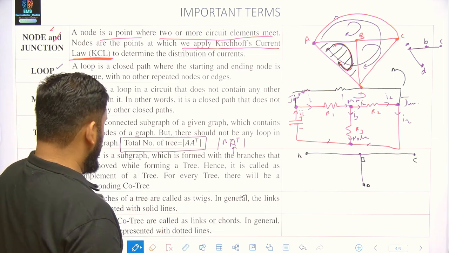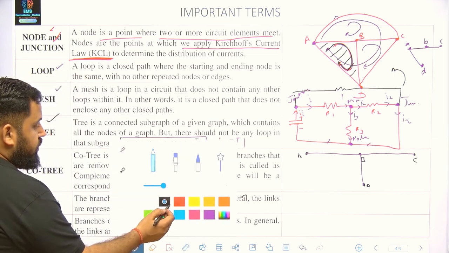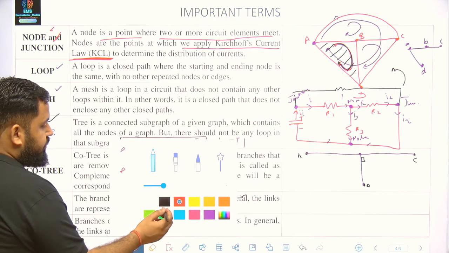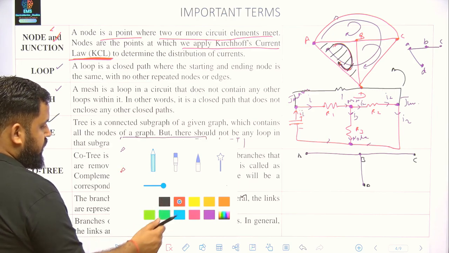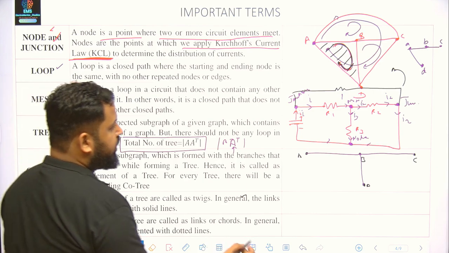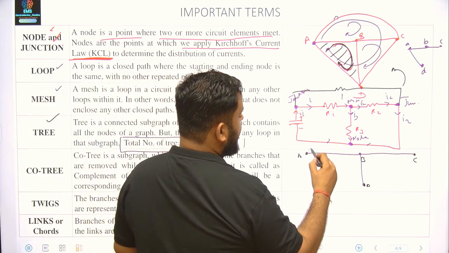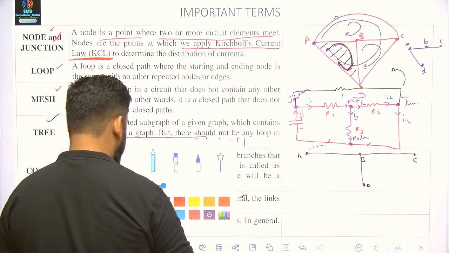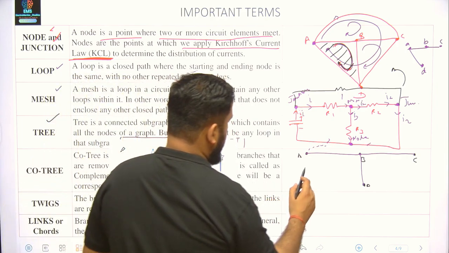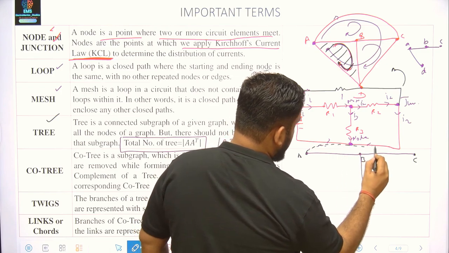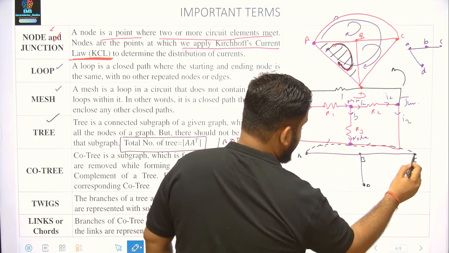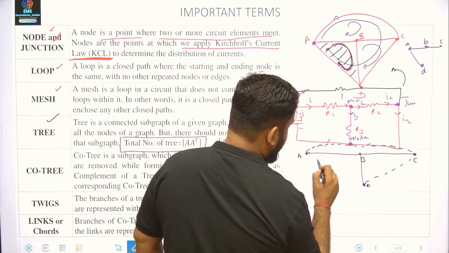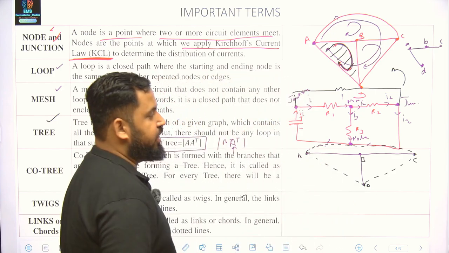Now, what's a co-tree? A co-tree is nothing but whatever is left out of this tree, whatever branches we deleted to make this tree.